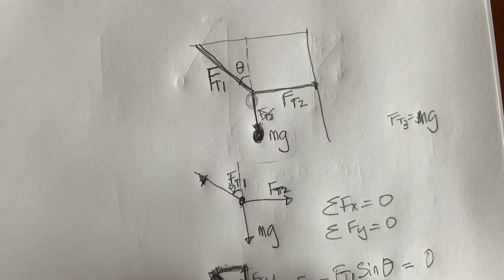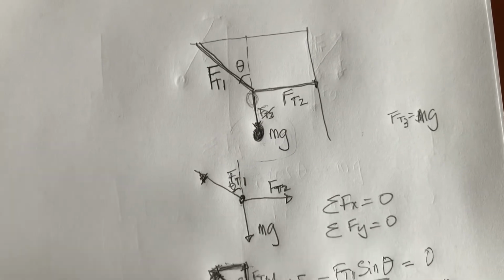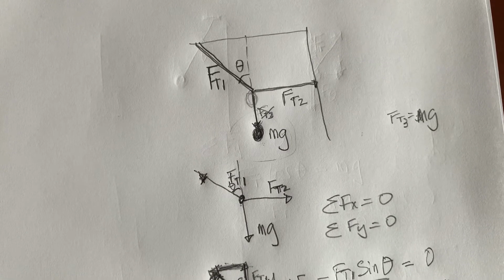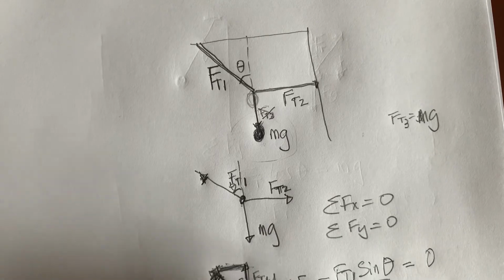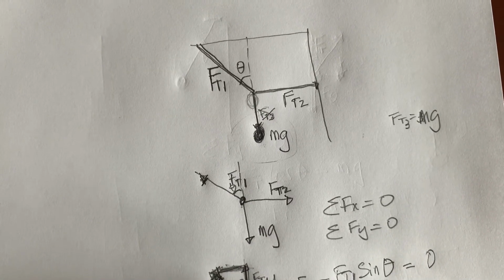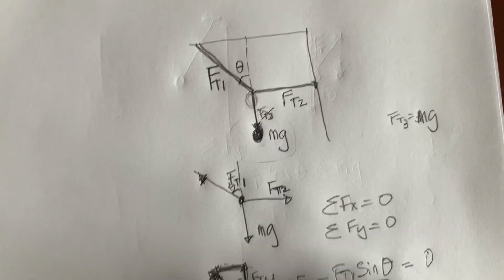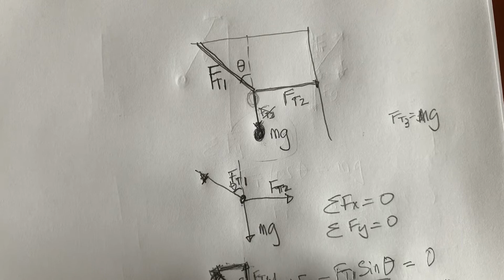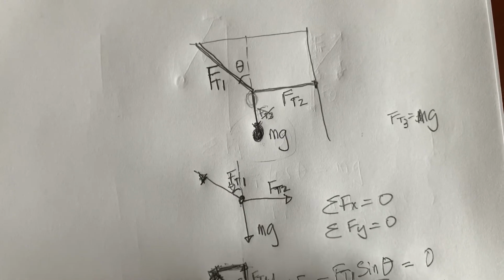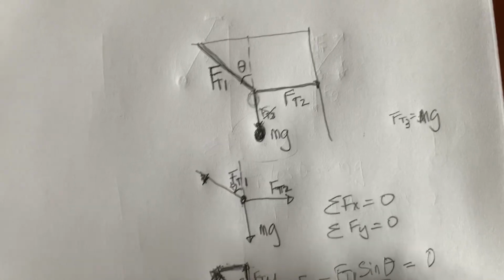So then I have an expression that says FT2 is equal to FT1 sine of theta. And now I look at the forces in the y direction. FT2 has nothing to do with the y. So FT1 cosine of theta must equal mg.